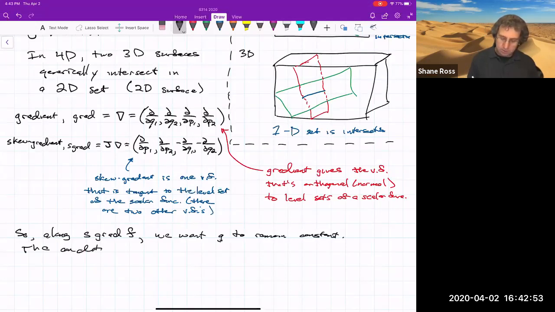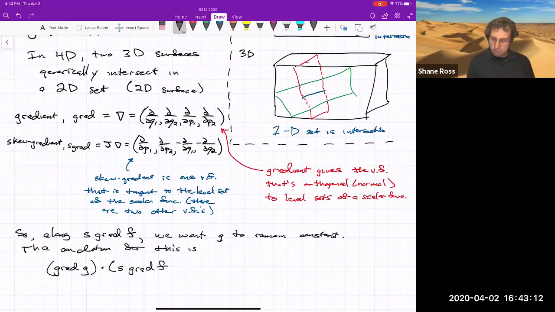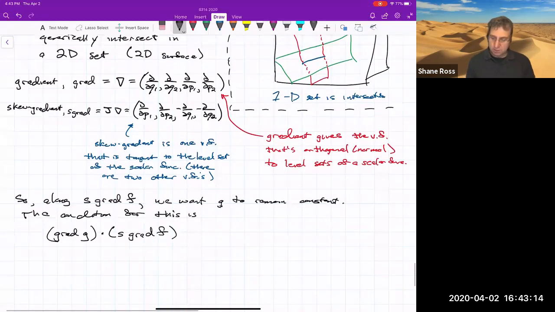And the condition for this is what? If we want G to remain constant, then we take grad G, that vector field, and dot it with S grad F, and we want that to be 0. So we want those two vector fields to be orthogonal to each other.